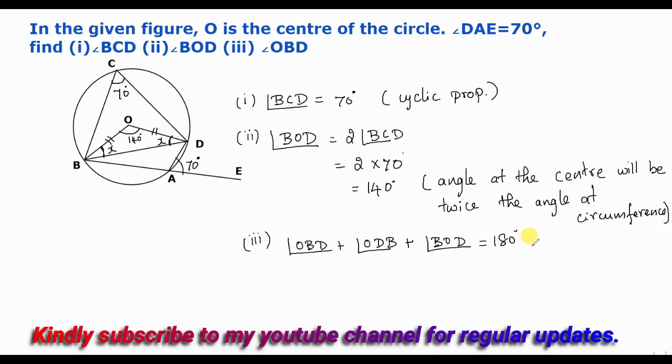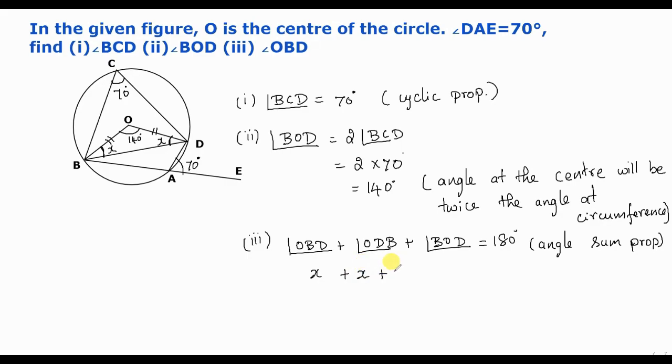It's called the angle sum property. When we substitute, x plus x plus 140 equals 180 degrees. On simplifying, we get 2x is equal to 40. From this, x is equal to 20 degrees. This x is the answer to the third question, angle OBD, which is 20 degrees.